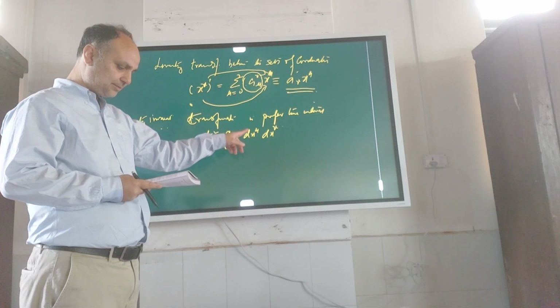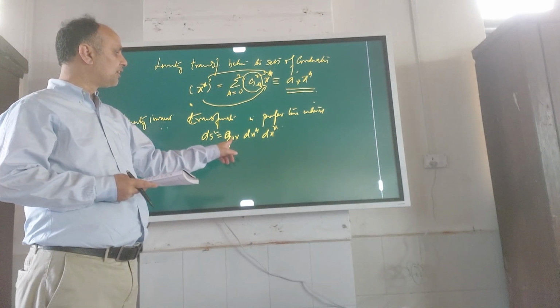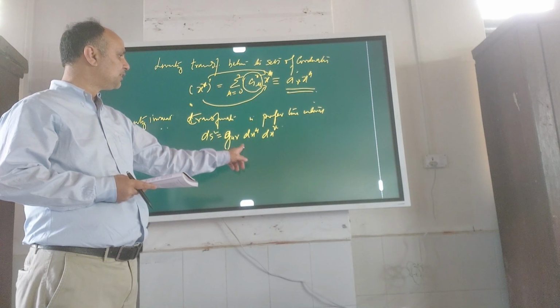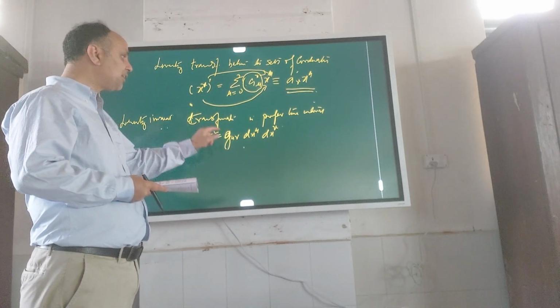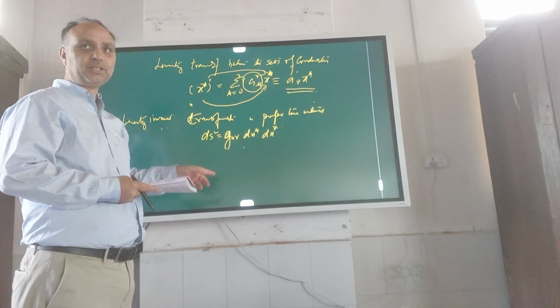Fine. You can contract one of them with nu, and g mu nu can be related with eta mu nu in some sense.